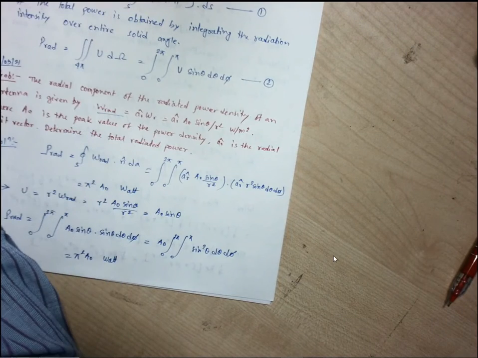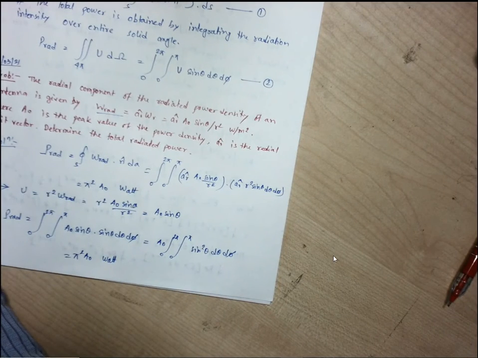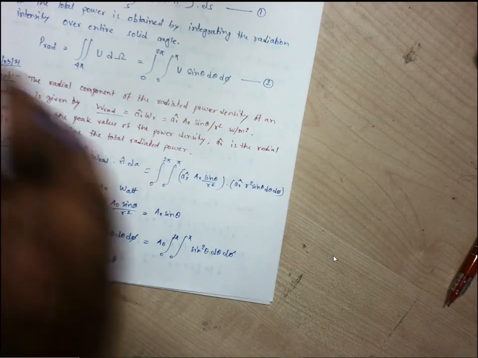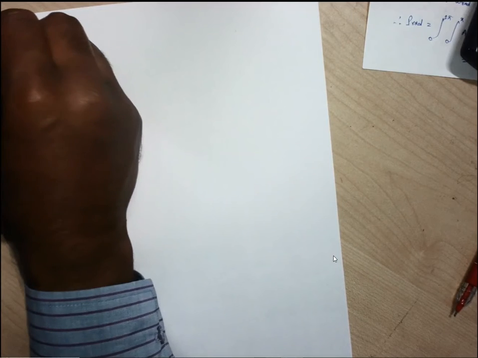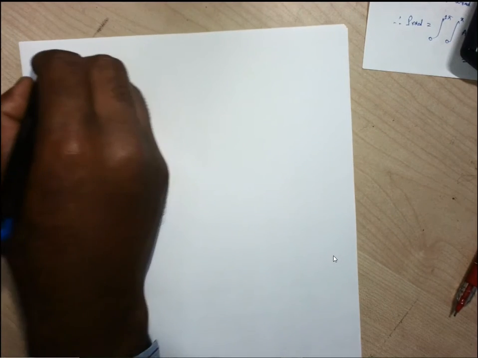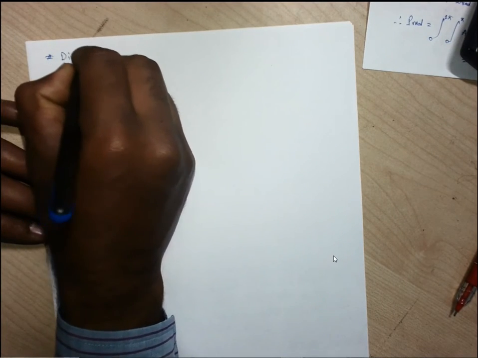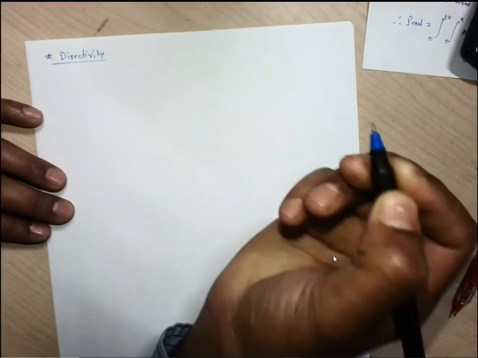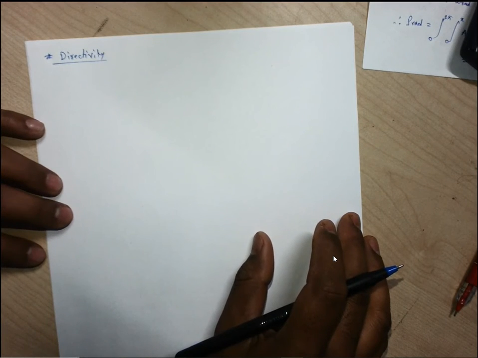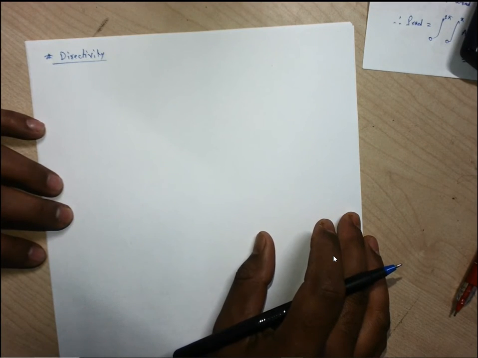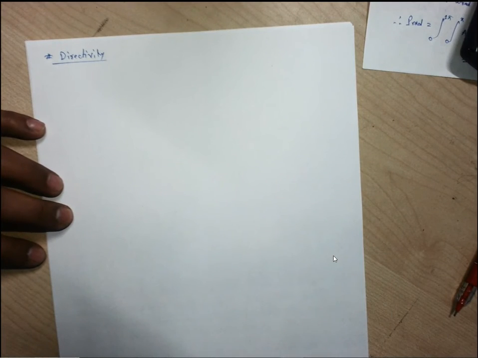Next parameter is known as directivity. So what is directivity? It can be defined as the ratio of radiation intensity in a given direction from the antenna to the radiation intensity averaged over all directions.